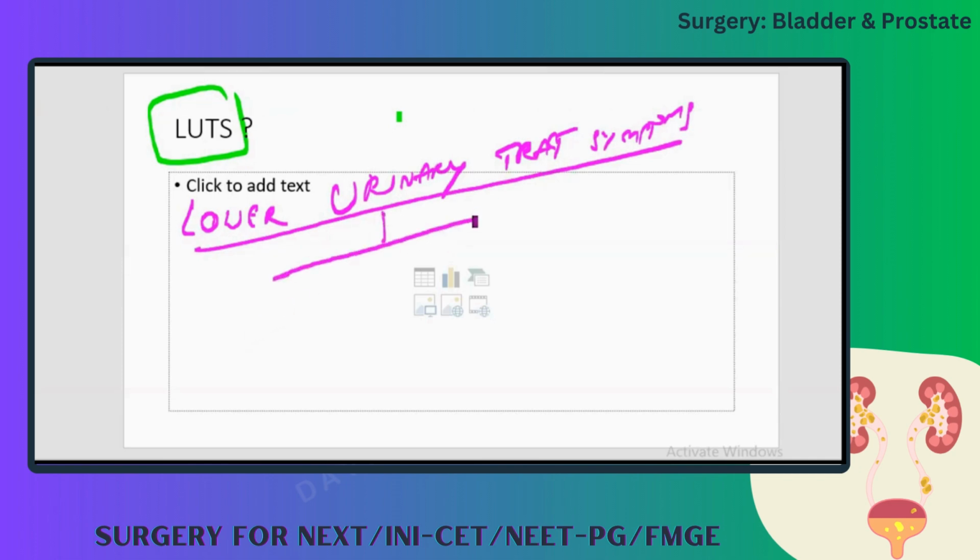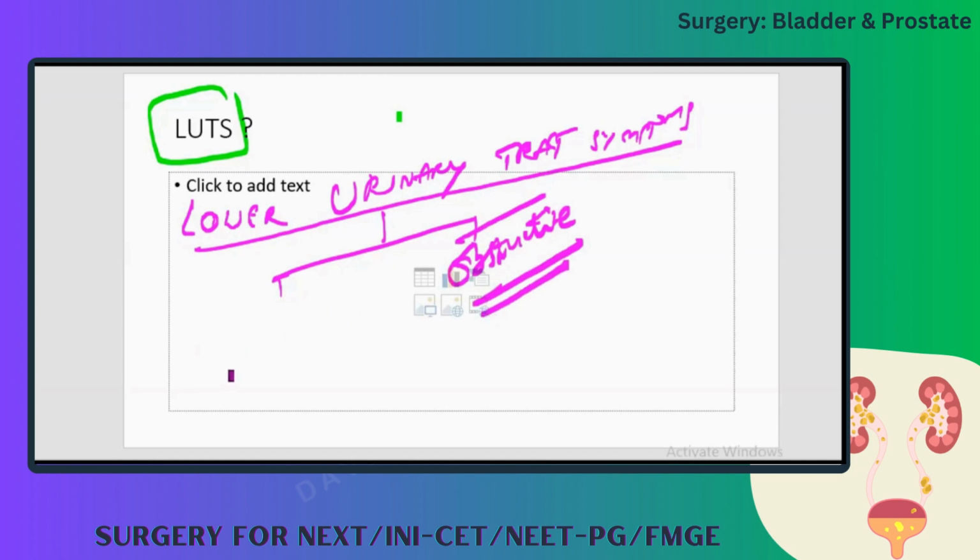So can you name some lower urinary tract symptoms? Obstructive symptoms could be anuria, hesitancy could be there, intermittency would be there, and poor flow of urine.